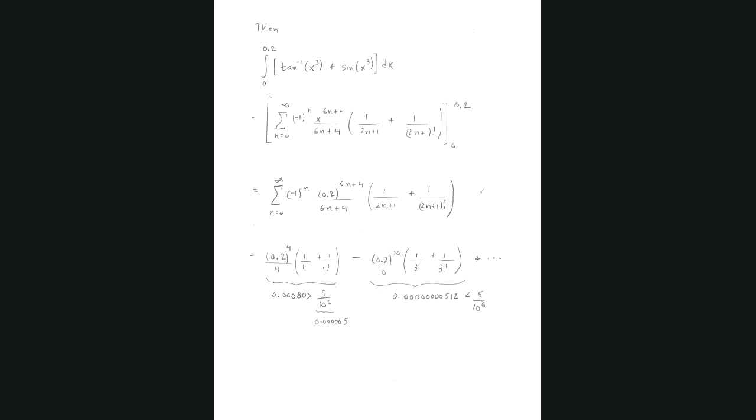Now the integral from 0 to 0.2 of the arctangent of x cubed plus the sine of x cubed dx is equal to this power series evaluated at 0.2 for the top limit and 0 for the bottom limit.